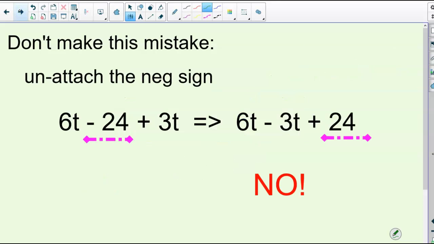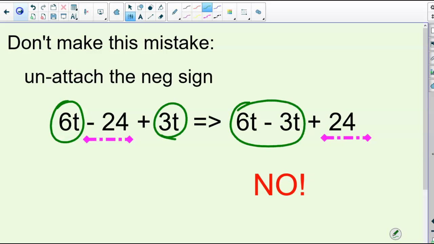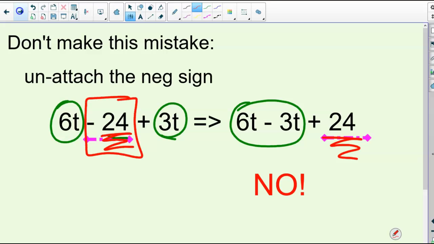Okay. Next mistake, if you unattach the negative sign, right? So you could color code or you could rearrange the terms if you like to group them together to make it easier. So here this person said, oh, okay, I have 6t and 3t. So let me put the 6t and the 3t together, and then 24. If I change colors, 24 and 24. But they messed up here because this negative sign is glued to the 24.